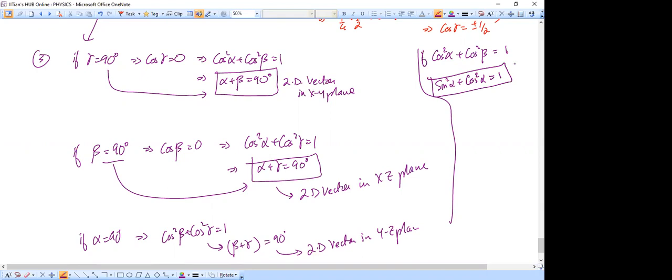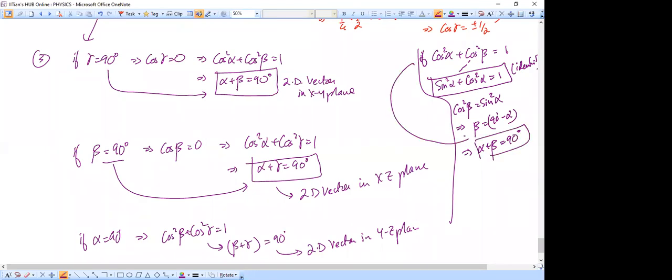Comparing these two, cos square beta must be equal to sine square alpha. That means beta must be equal to 90 minus alpha, or alpha plus beta must be 90 degrees. So trigonometrically, this is what it means.